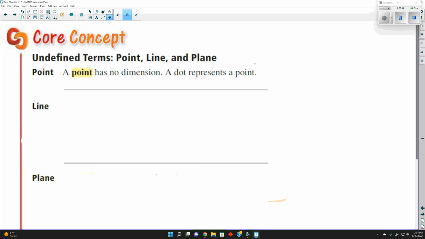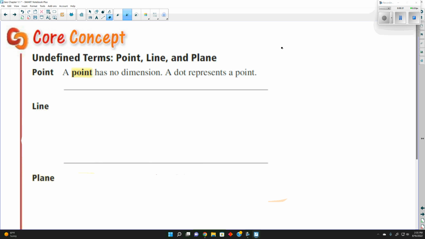Now, can anyone make a point on their paper? Right? So what? Like that? Yes? Well, that automatically fails the definition. Because what does the definition say? A point is what? It has no dimensions. I can take a ruler and measure that, yes? As soon as we put pen to paper, make a point, we give it dimension.